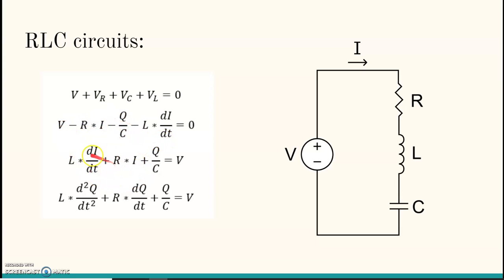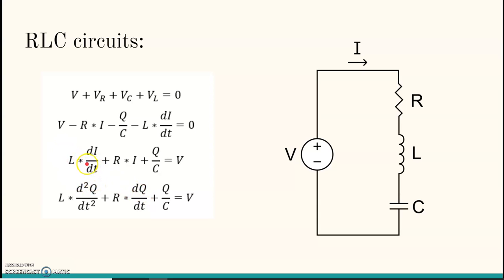By organizing this equation in this way, we have a differential equation that we cannot solve because we have two unknowns, which are I, the current, and Q, the charge. The good thing is that we know that I is dq over dt, the rate of change of Q over time. Therefore, we can replace I by dq over dt.